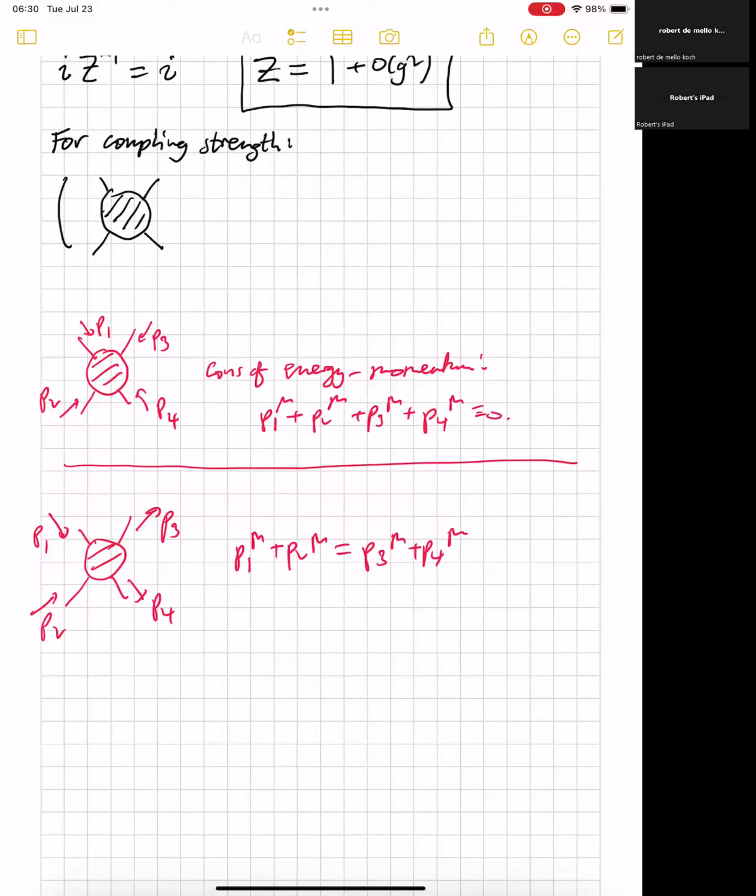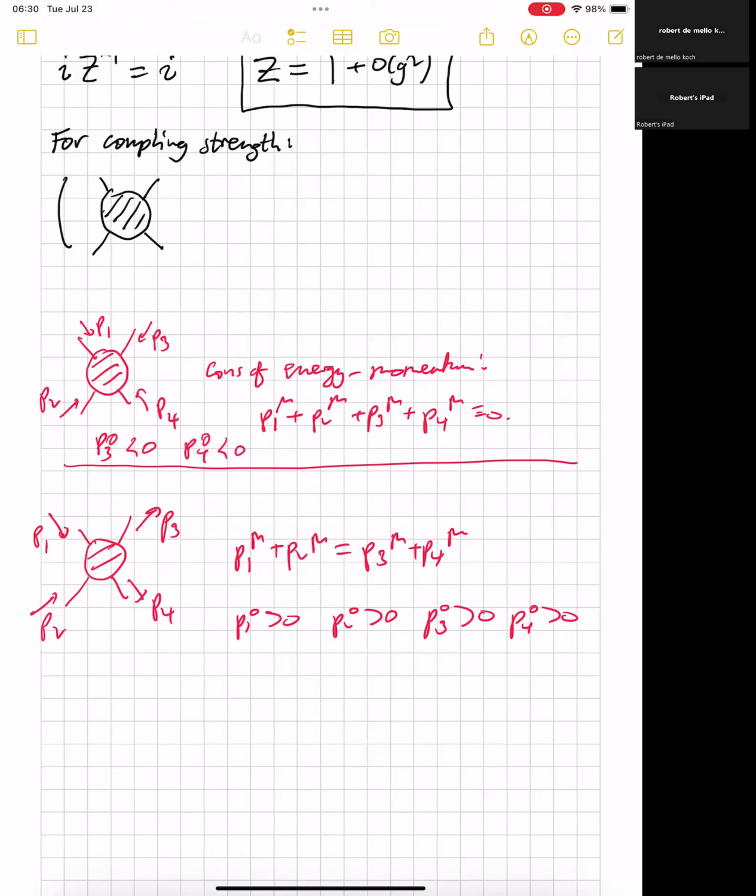We're paying attention to the physics of the problem. In fact, in the second problem, if you looked at the energies of the particles they would all be positive. And this, of course, is what you expect. Energies must always be positive. In the first description, you would actually find that P3 naught is negative and P4 naught is negative.